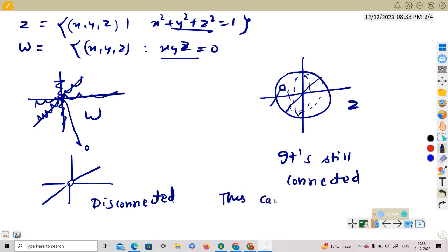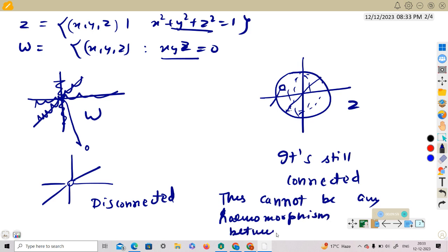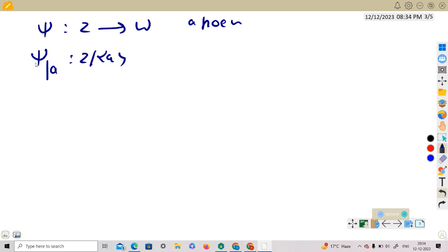Thus, there cannot be any homeomorphism between them. Because if there exists a phi from Z to W, a homeomorphism, then when we remove any element, the restriction of phi on this set should also be a homeomorphism.